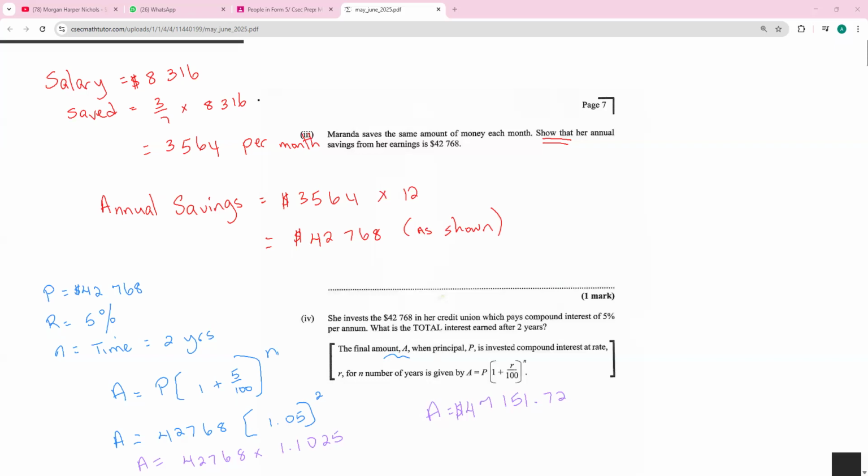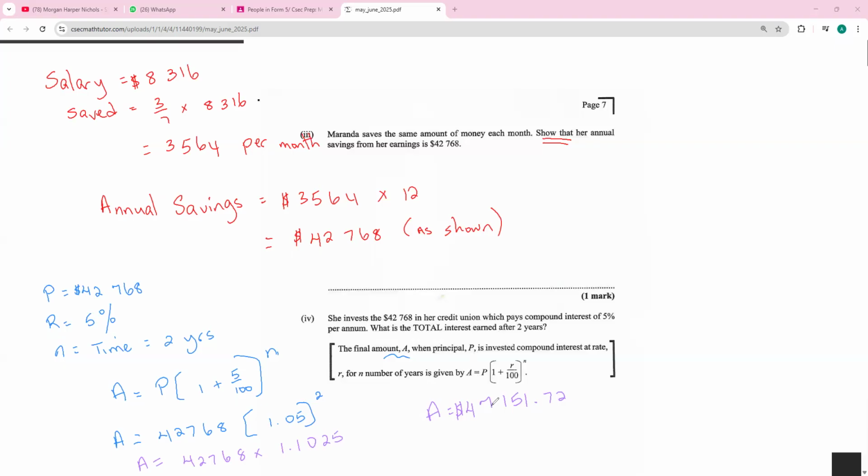And then 1.1025 times 42,768. Yeah, you guys could double check too.